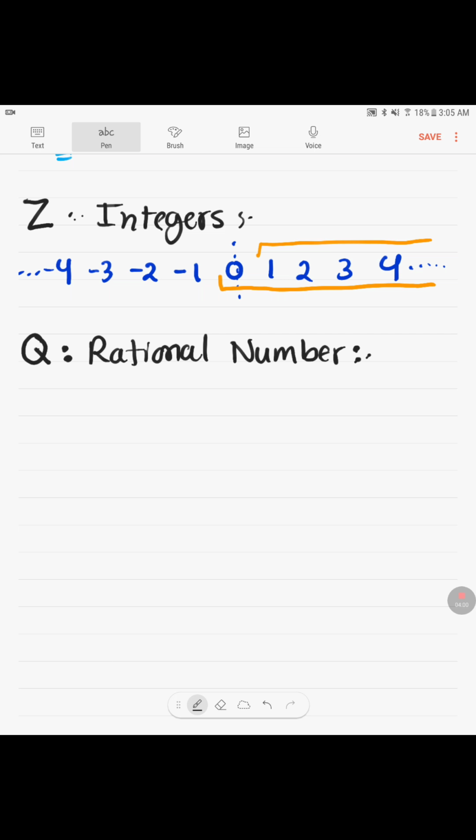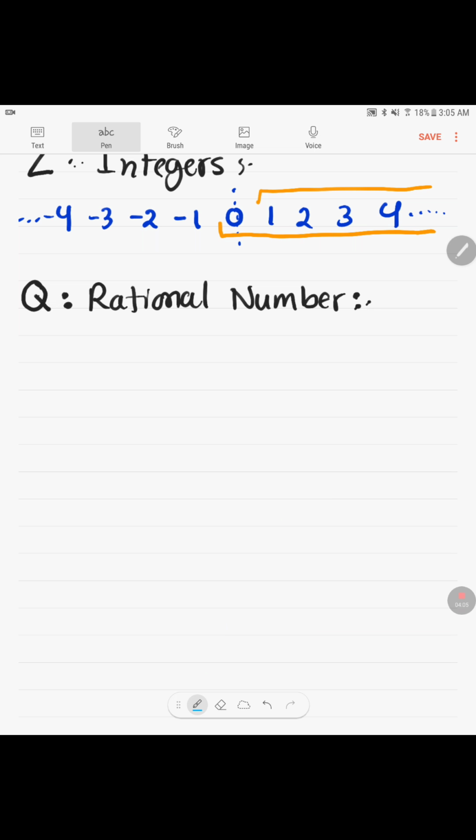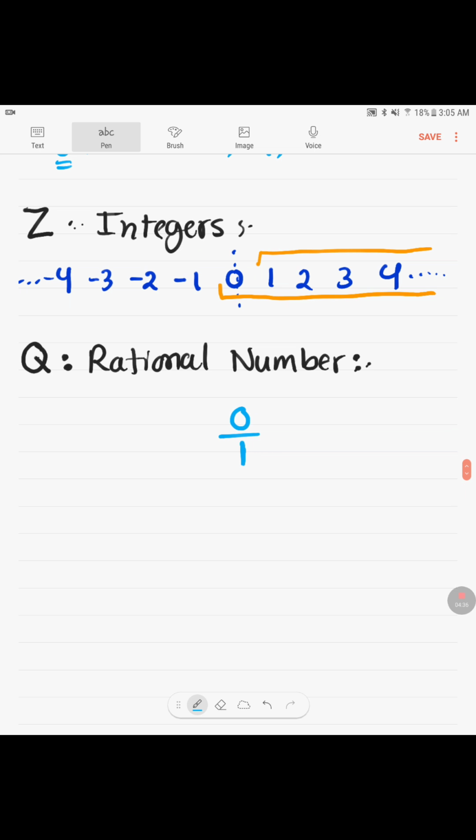So the rational numbers are those numbers that could be represented as a quotient of two numbers. I'll give you an example. 0 is also a rational number because it could be expressed as a quotient over any integer, let's say in this case.